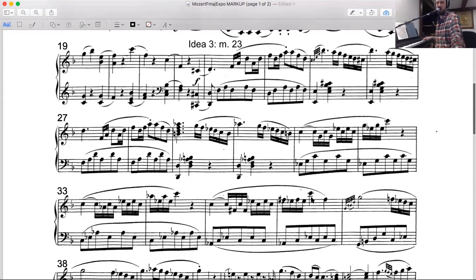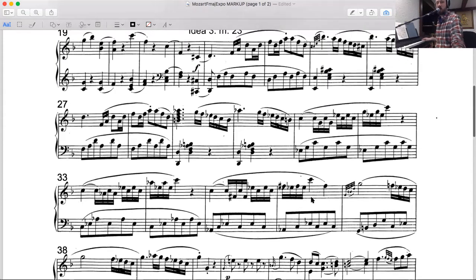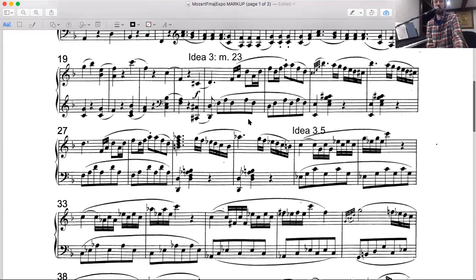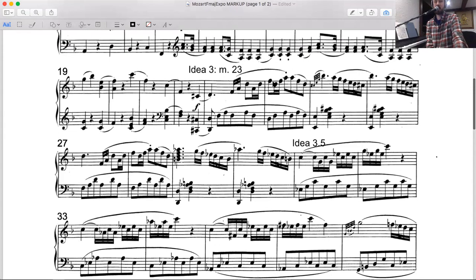And then look, a kind of new idea, and we're doing it again. So a new idea. I'm just going to call this idea 3.5, because it's different enough. It doesn't have the same characteristics, this upward sort of thing. Idea 3.5, but it's related.